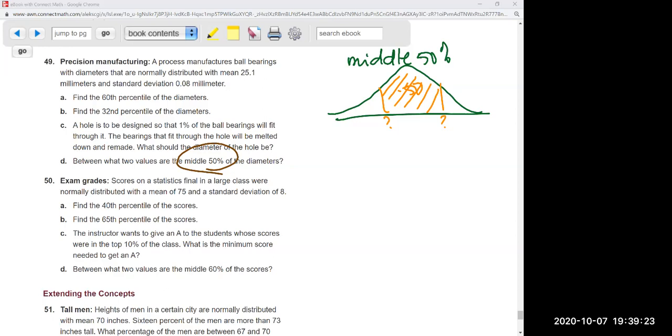For those who have a tail, if you try 0.5 and then center with the mean and standard deviation, you should have two answers. So this is for those with a tail: 0.5, mean 25.1 and 0.08, and tail is center.